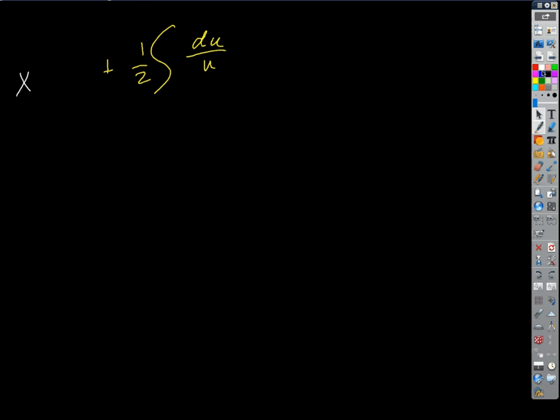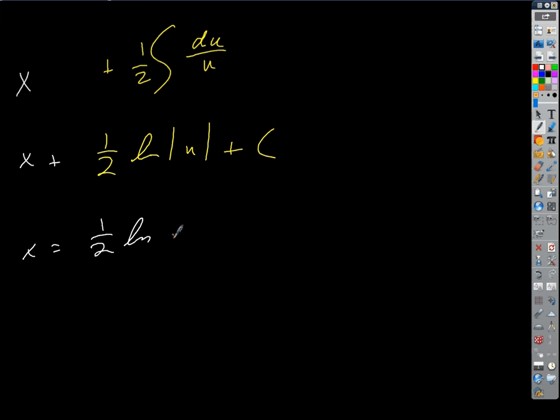So we end up with x plus 1/2, and what's the antiderivative of du over u? Natural log, absolute value, u plus c. And what was u? Wasn't it x squared plus 1? So we end up with x plus 1/2 natural log of the absolute value of x squared plus 1.